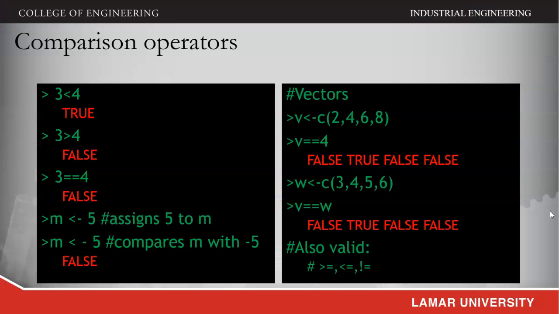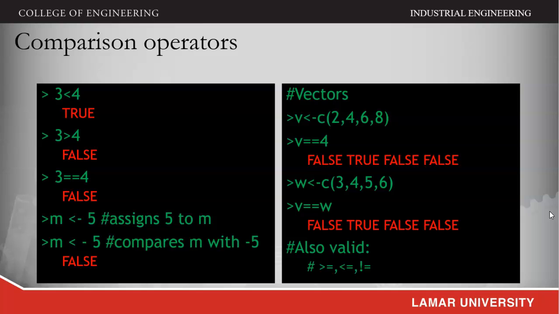Now we're going to move the discussion in a different direction. We can do arithmetic operations like multiplication and so forth, but we also can compare, and comparing is important because when we compare we can begin to make decisions in a script, in a program, that would allow us to automate our processes.